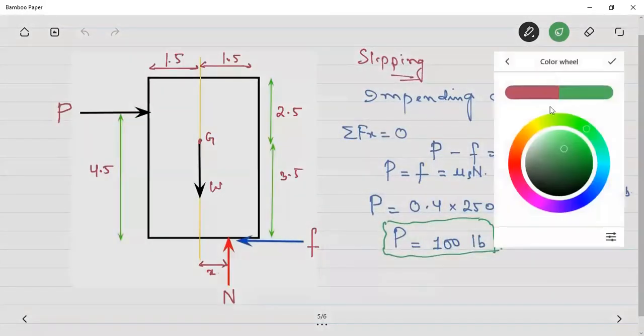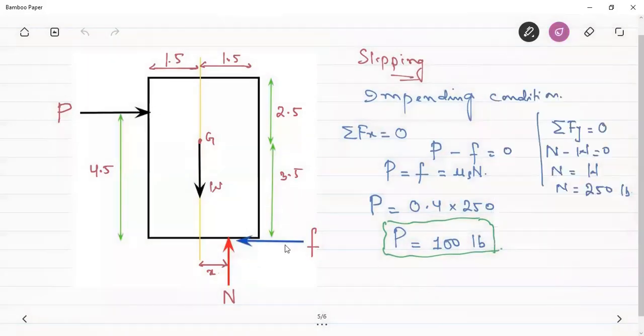If we had calculated this x distance, suppose this is the point O. If I take the summation of the moments about point O to be 0, we can see here the normal reaction and the friction force won't cause any moment.